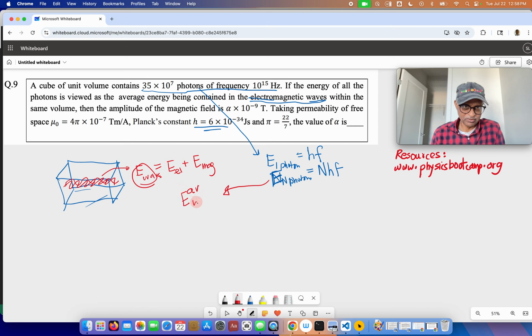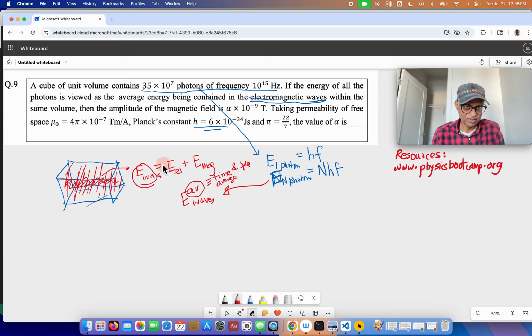And what we mean by average is time and space average, the average energy contained in this box.